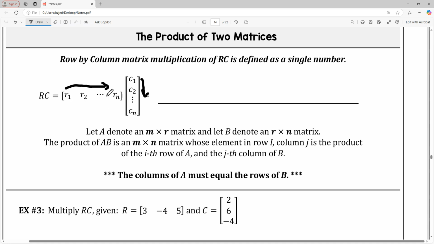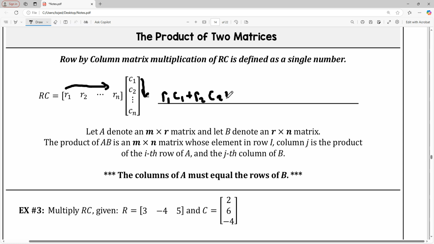If I wanted to multiply these two matrices together, I'm going to take the element in the first row, so R1, and multiply it by the element in the first column in my second matrix, which is C1. I'm then going to add it to my second element in this row, R2, times the second element in this column, C2.